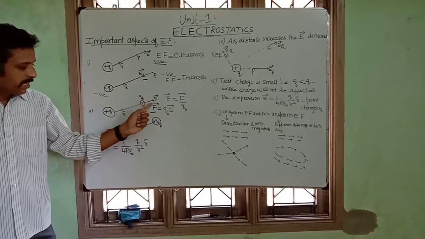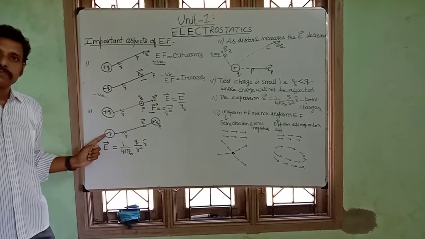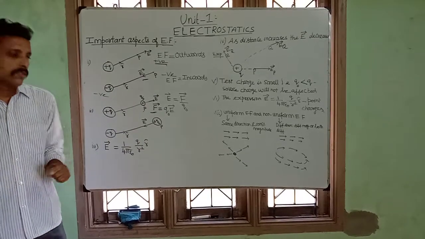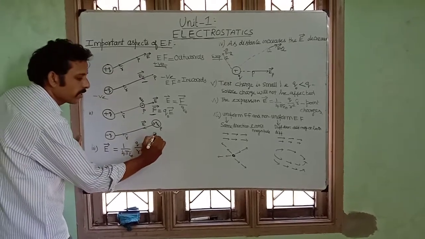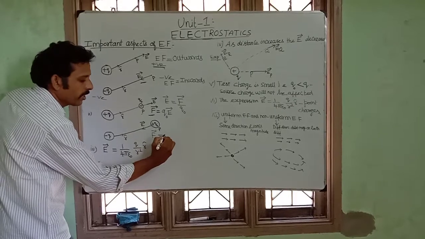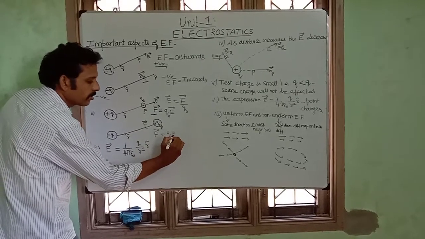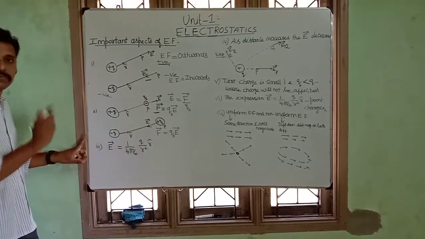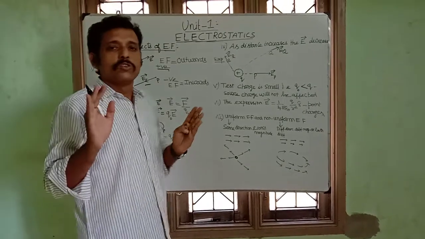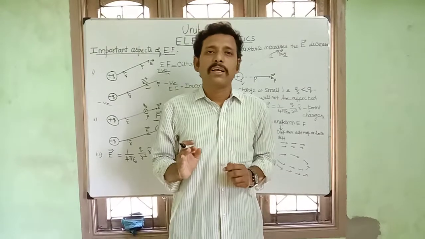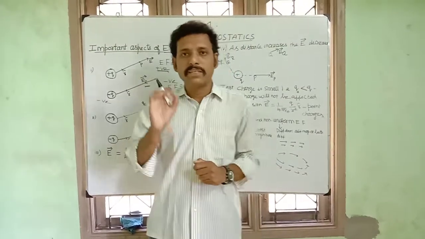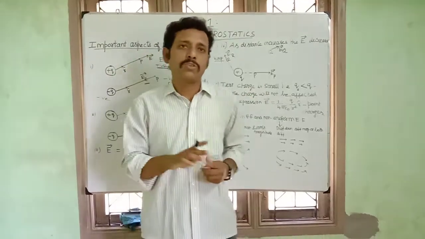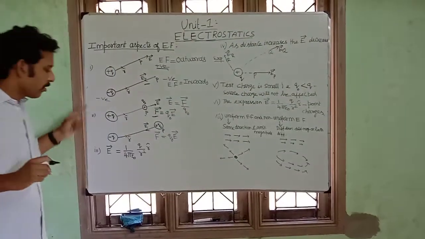If I take a negative charge and again place the test charge Q0, we get the same force, F vector equal to Q0 E, but you see the direction of the electric field is acting inwards. So we have discussed based on the test charge: if you keep the test charge near the source charge, we can find the force. So two concepts we can follow from this.